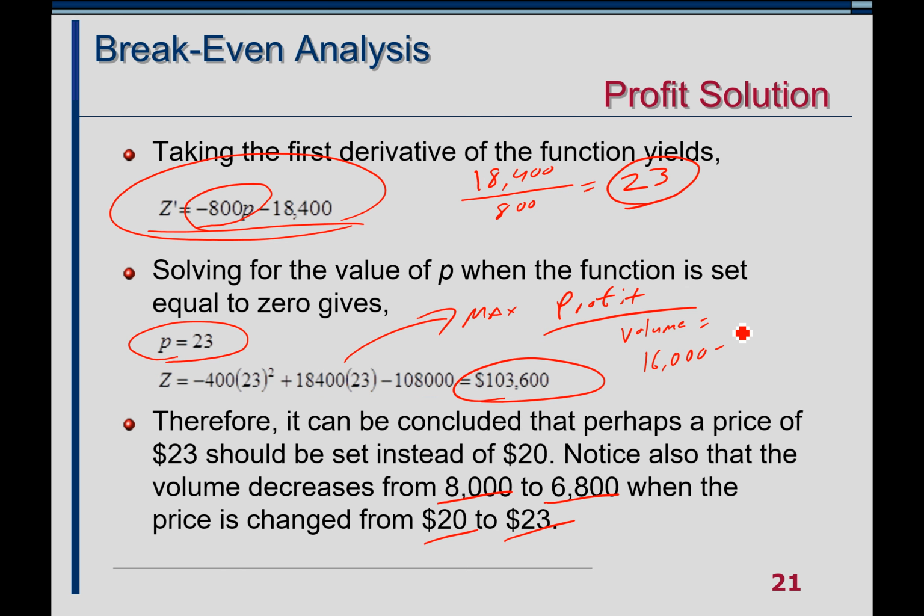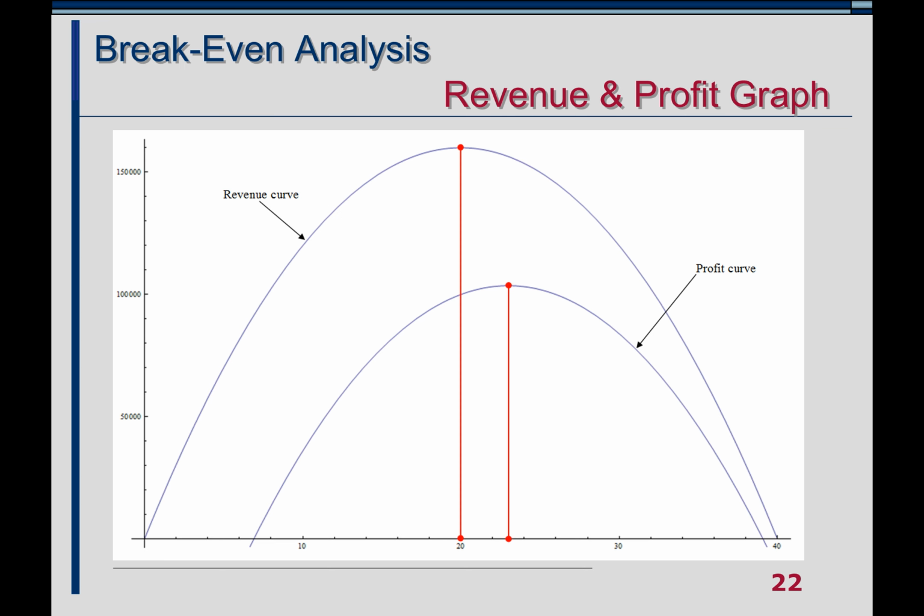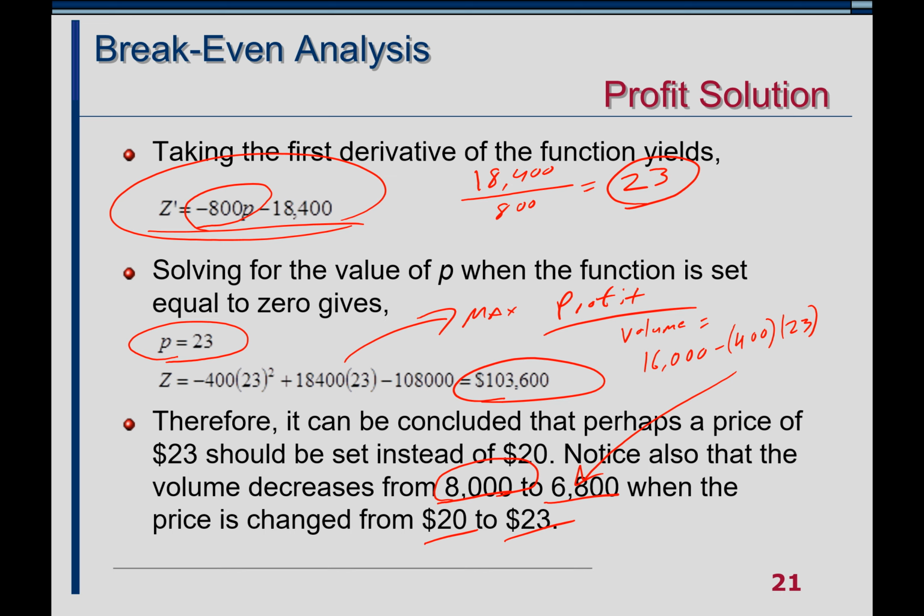So this is going to be 400 times 23, and this gives us a number of 6,800, whereas the volume when it's set at 20 is equal to 8,000. So two things that happened here that we're going to discuss in just a minute is our profit went up and our volume went down. So let's just hold that thought.